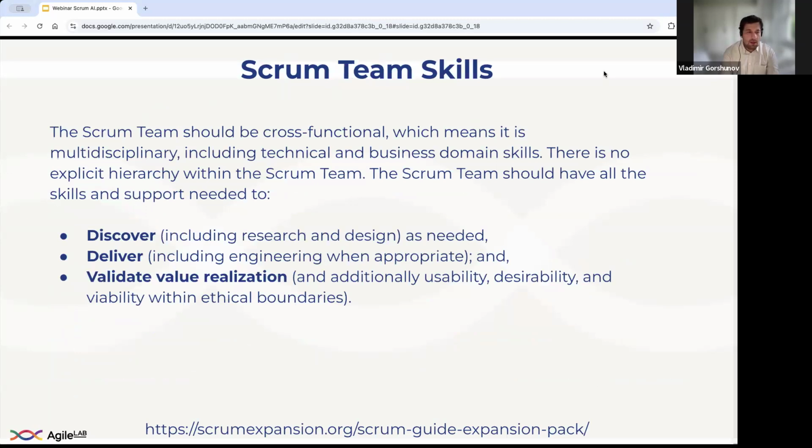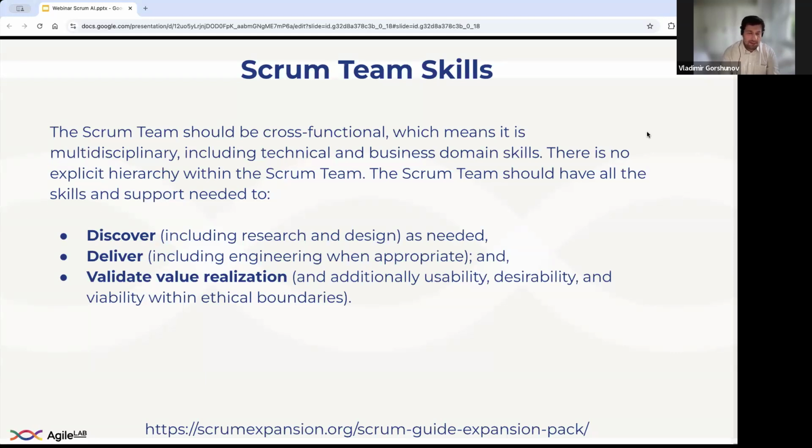Okay, what else? It's natural that the Scrum Extension Pack is trying to cover something in a broader scope than what we have in the Scrum Guide in a nutshell. I don't want to say it's a completely new idea.